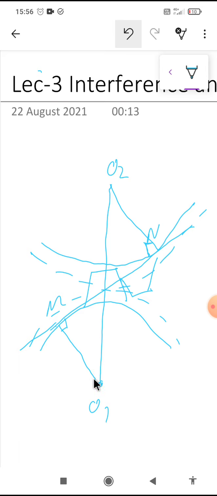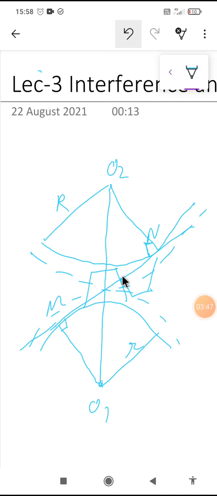Now the radius of this pinion is small r, and the radius of this gear is capital R. Now KL is the path of contact between the two meeting teeth.